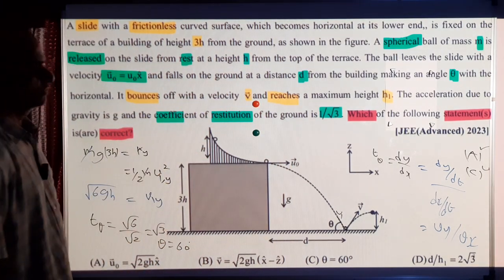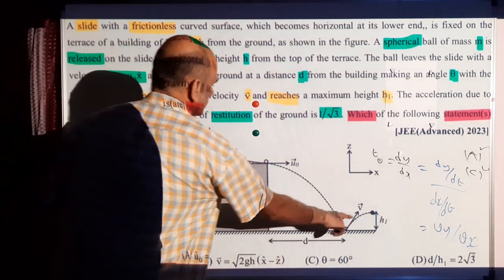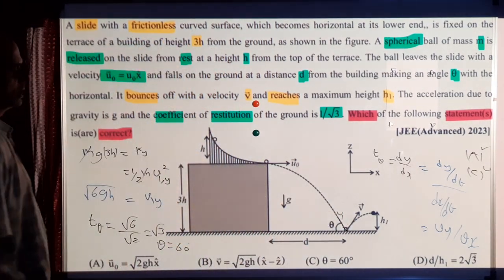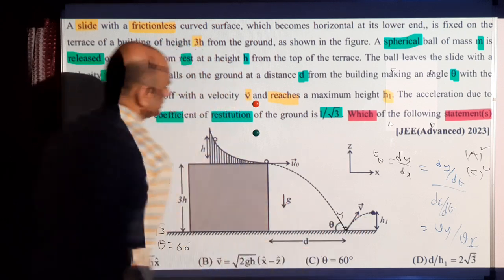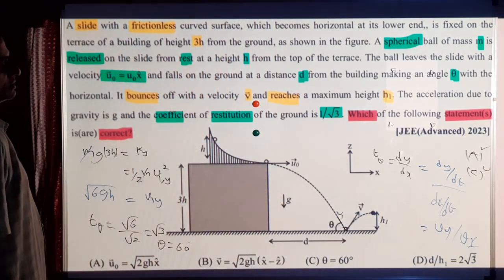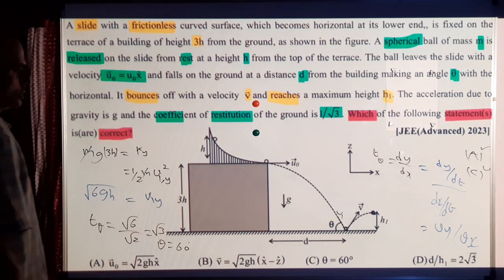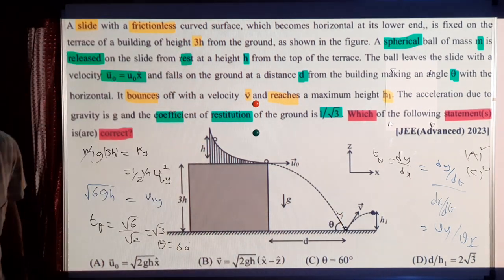Option D, we have to find h1. After collision, we can find this velocity, and if we do the energy conservation between this point and this point, the loss of vertical kinetic energy will go into the increase in gravitational potential energy, which is mgh1. So you have to find this velocity after collision.